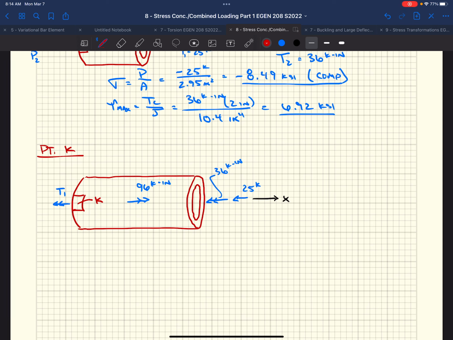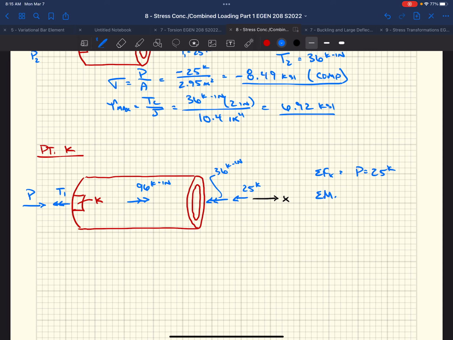I'm assuming my axial force, right, on this other end is going to be acting to the right, of P. Well, if we sum forces in the X direction, we could say that P equals 25 kips, right?